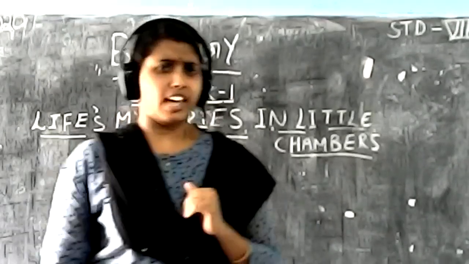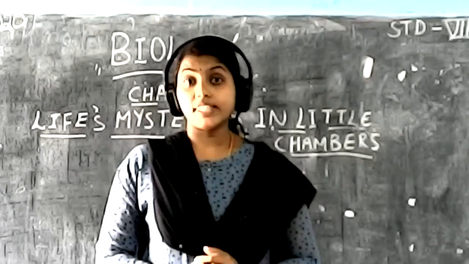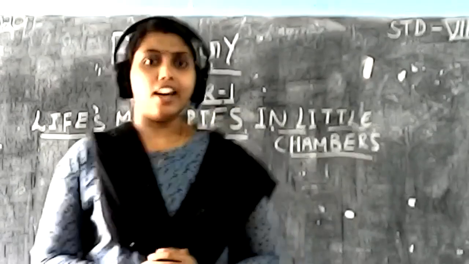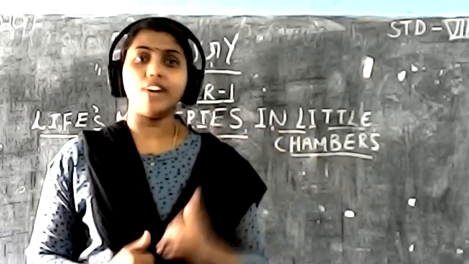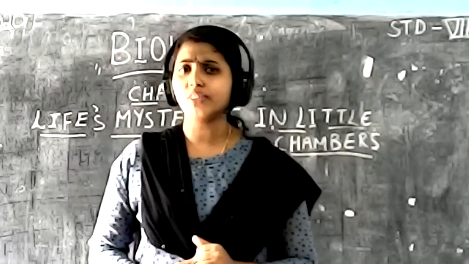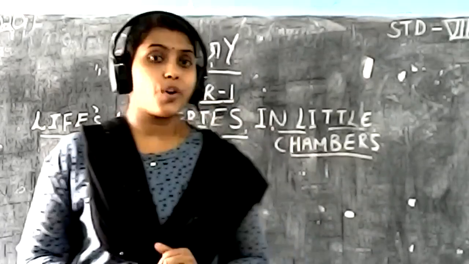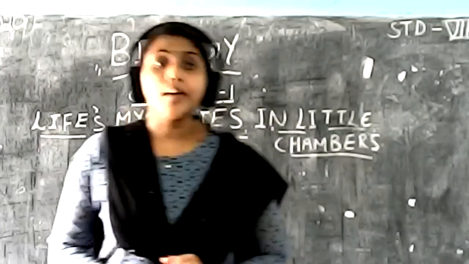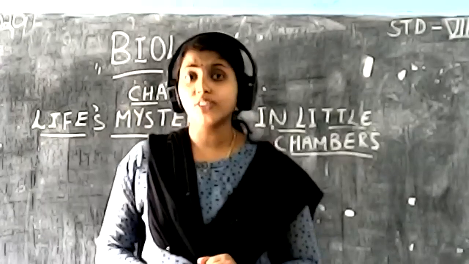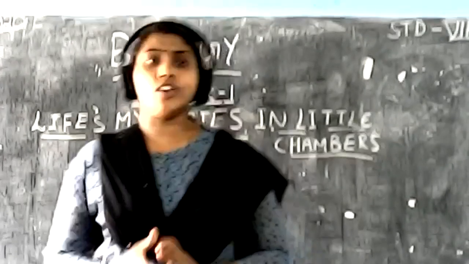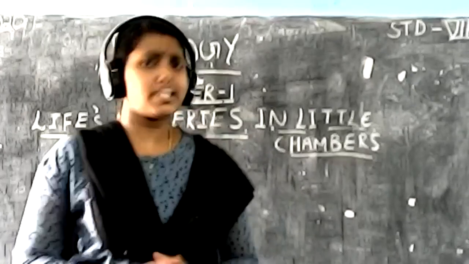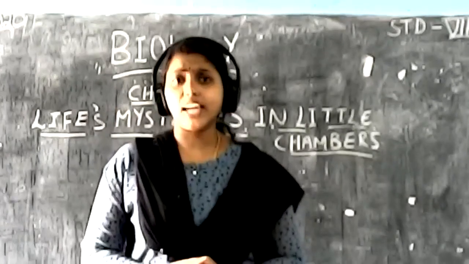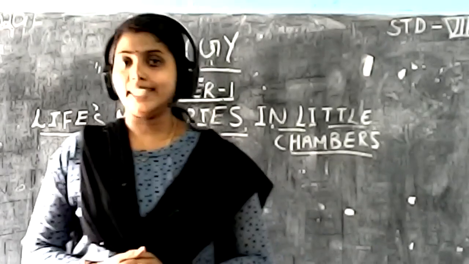The first question's answer is clear for you. Which is the powerhouse of the cell? We have repeatedly told before. We all know that mitochondria is known as the powerhouse of the cell. And why is mitochondria known as the powerhouse of the cell? Because it helps in the storage and production of energy.